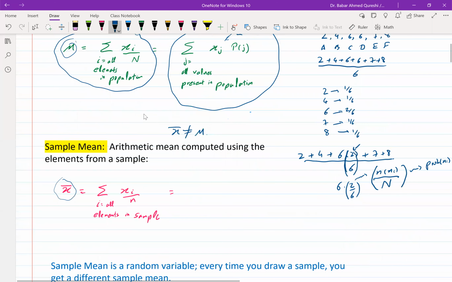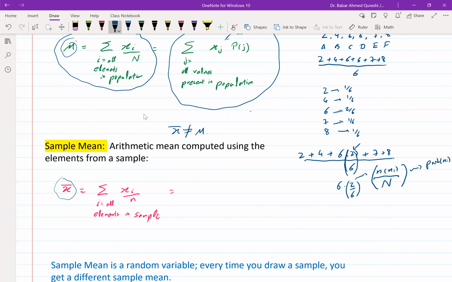You do exactly the same thing, but this time you have just picked up a sample and applied the arithmetic mean formula. You will get a value that is called the sample mean. You should think of it this way. You have a really large population, and suppose you don't know its mean. You want to know its mean, but you don't have access to all the numbers.